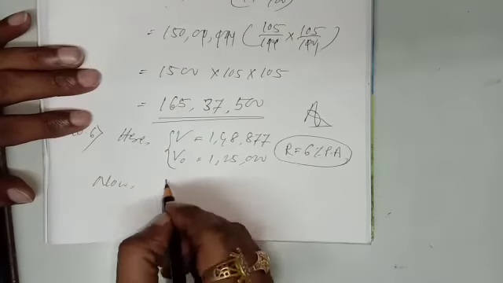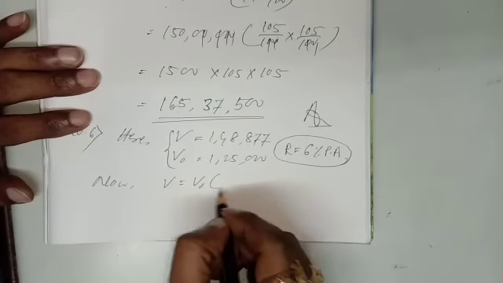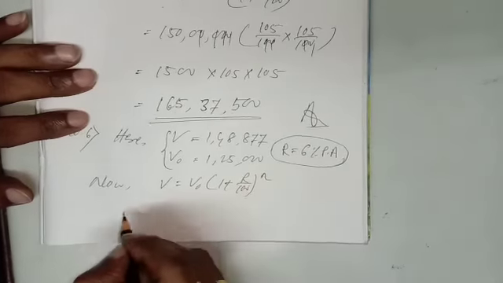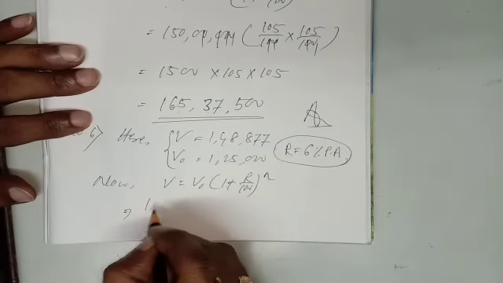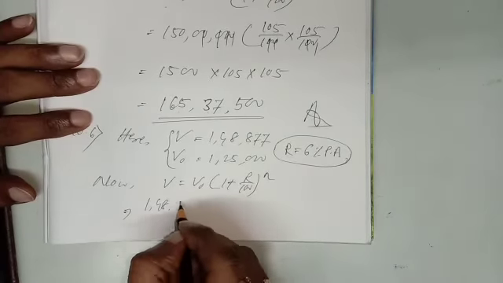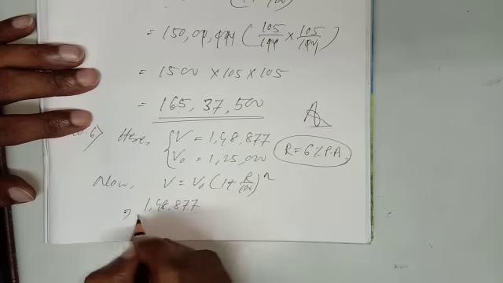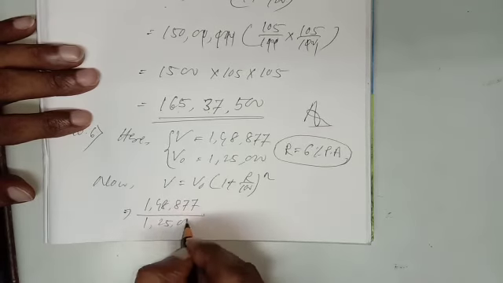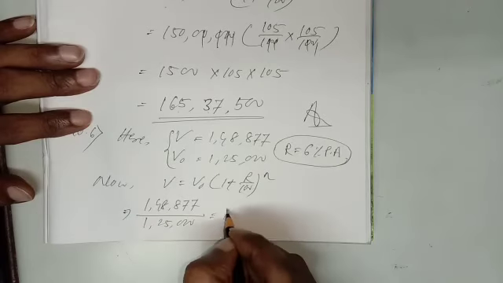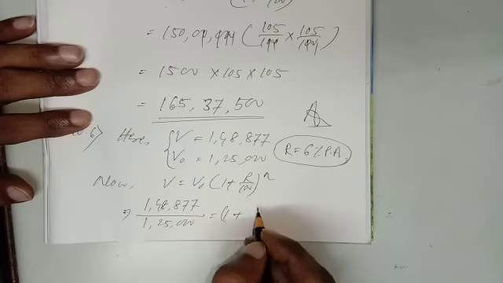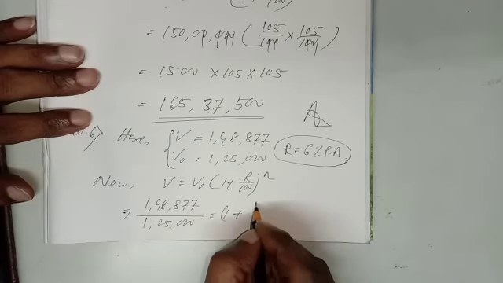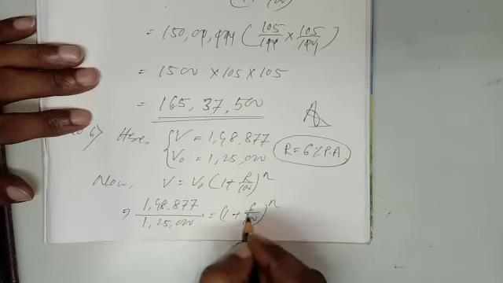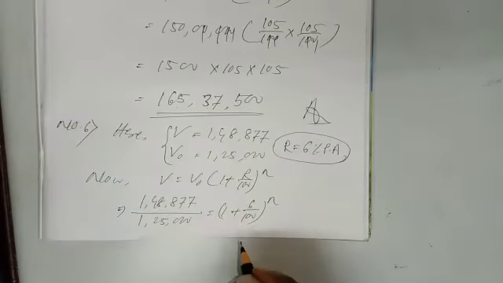Now V is equal to V0 times (1 plus R by 100) whole to the power n. So 1,48,877 divided by 1,25,000 is equal to (1 plus 6 by 100) whole to the power n. From here you have to find the time.